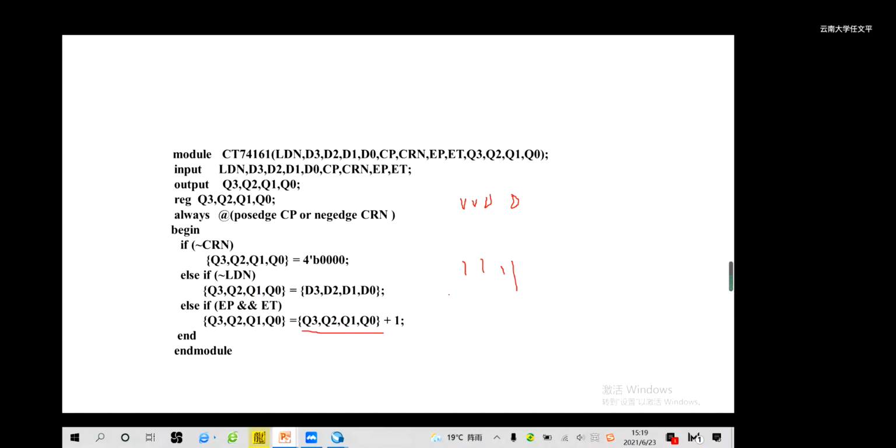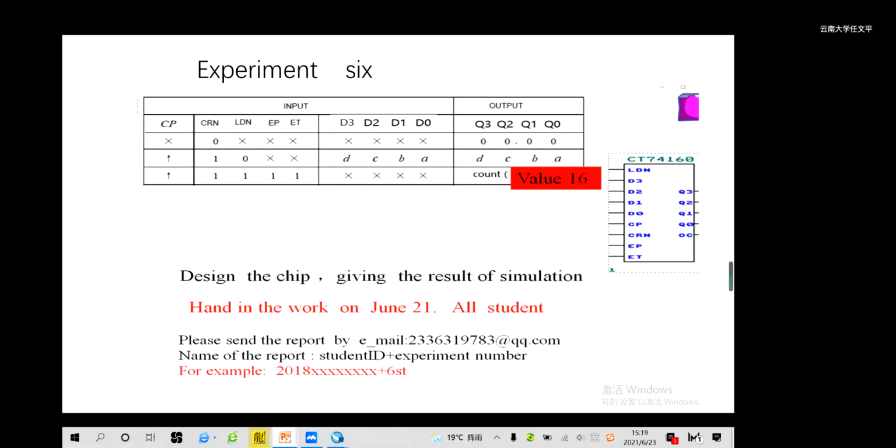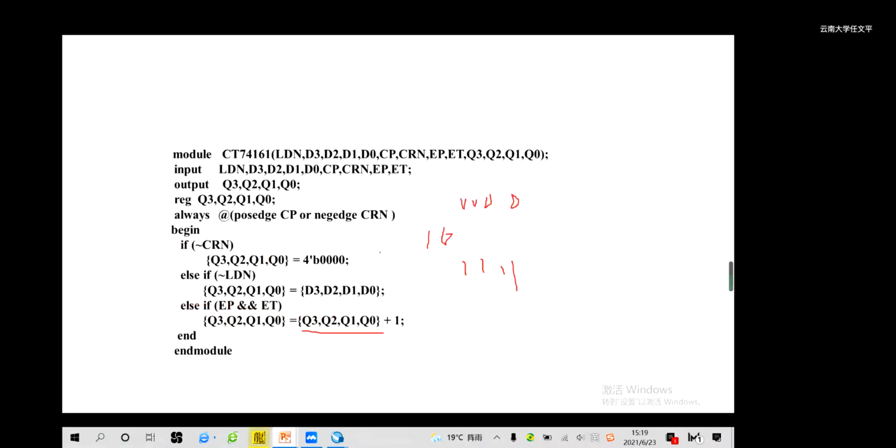So the last number is 1, 1, 1, 1, from 0, 0, 0, 0 to 1, 1, 1, 1. Total 16 numbers. Because this counter has 16 numbers.